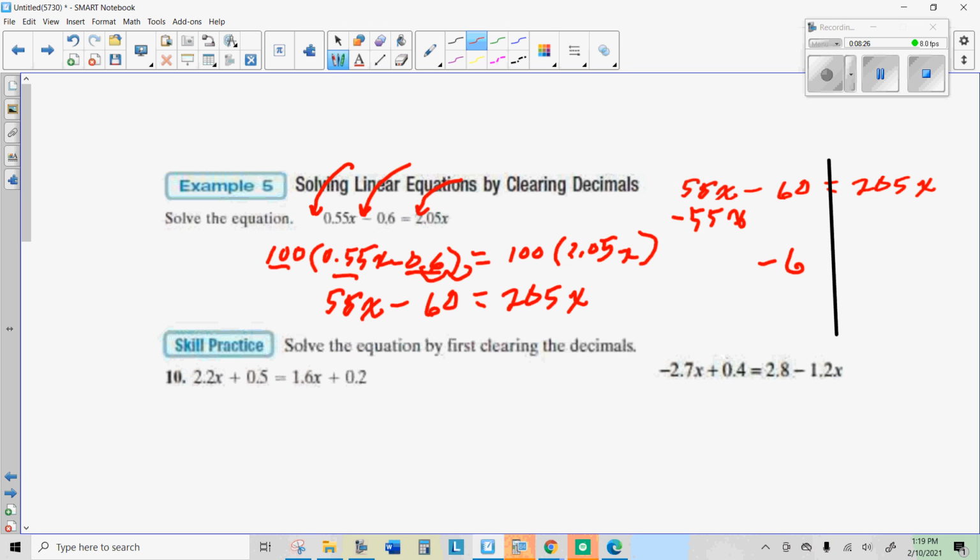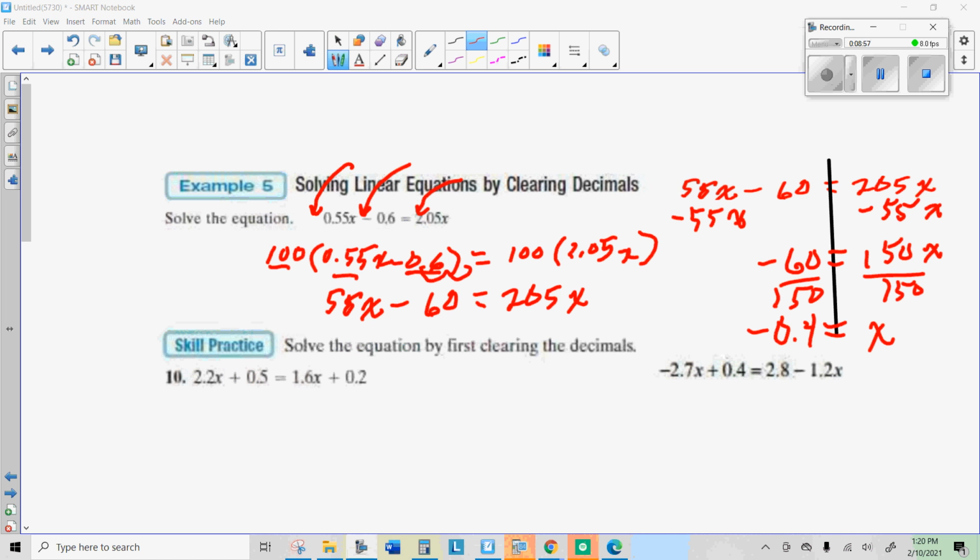Remember, you still have negative 60 over here. And if I subtract 55 here, I get 150. And dividing both sides by 150, I get negative 0.4, I think.